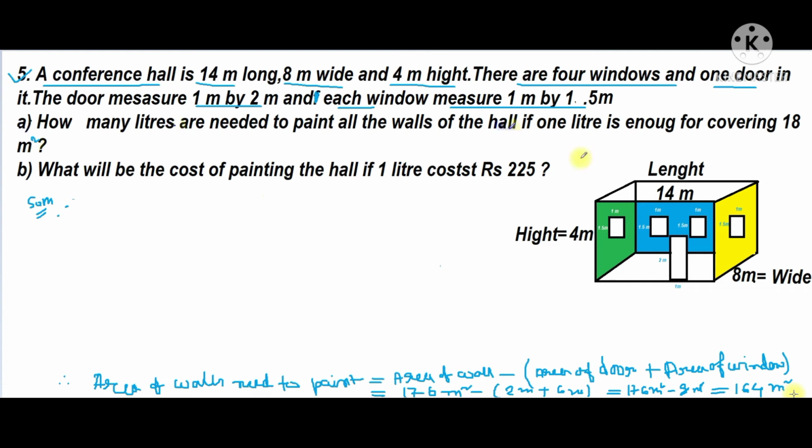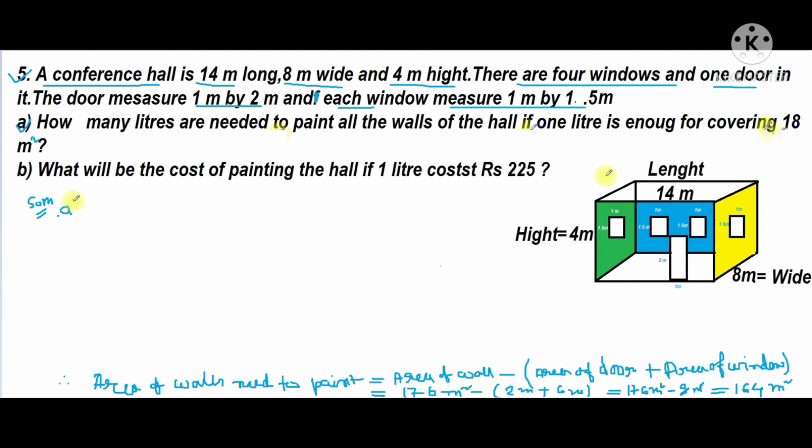so now according to the question, how many liters are needed to paint the wall if 1 liter is enough for covering 18 meters square? So here we'll write question number 5a.